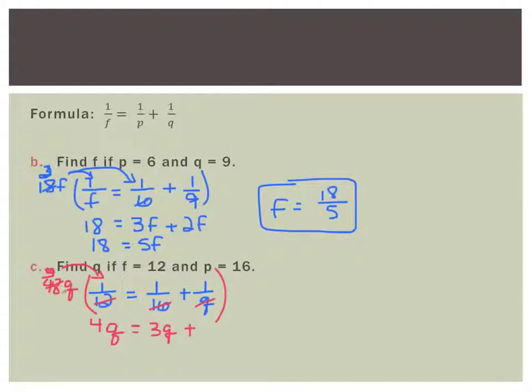And on this one the q's cancel, so 48 times 1 is 48. Subtracting 3q from both sides gives me 1q equals 48.